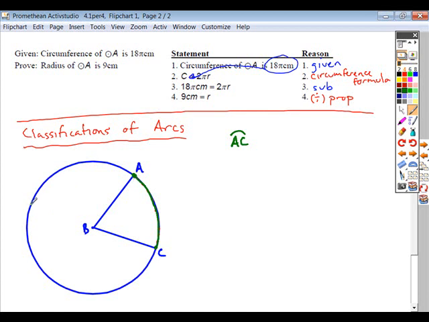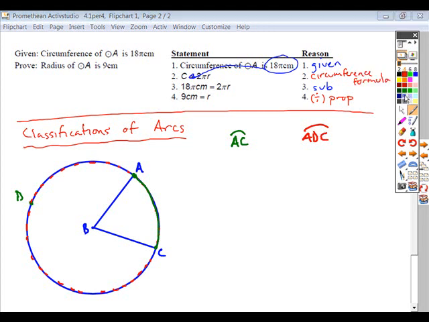If we set up this point D here, we can refer to the remaining portion of the arc, the one that extends counterclockwise from A, passes through D, and extends all the way to C. It still has the same endpoints A and C, but this time it passes through another point, and we can designate that point to show that we're dealing with the other arc.